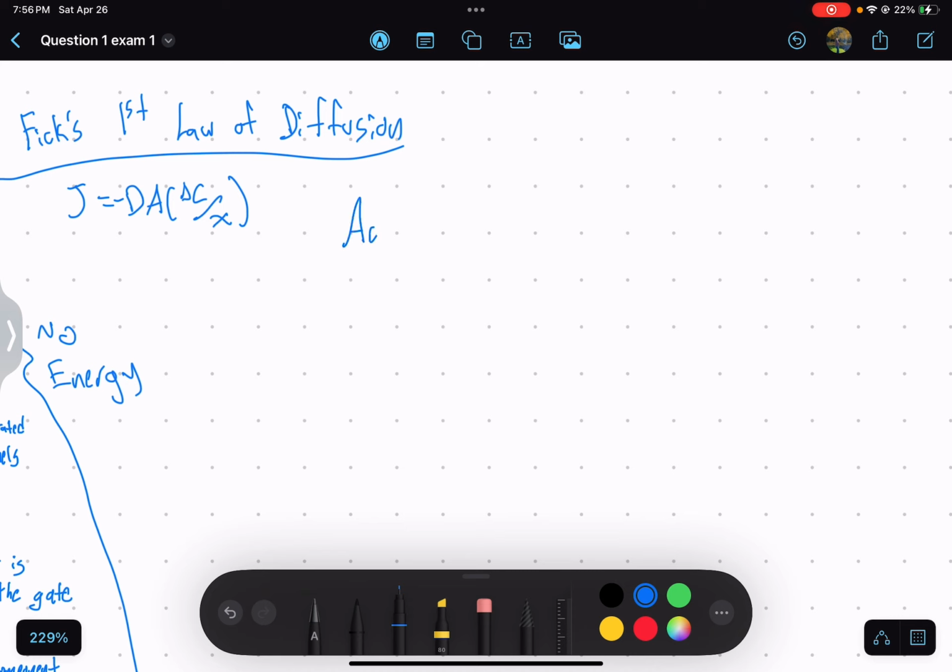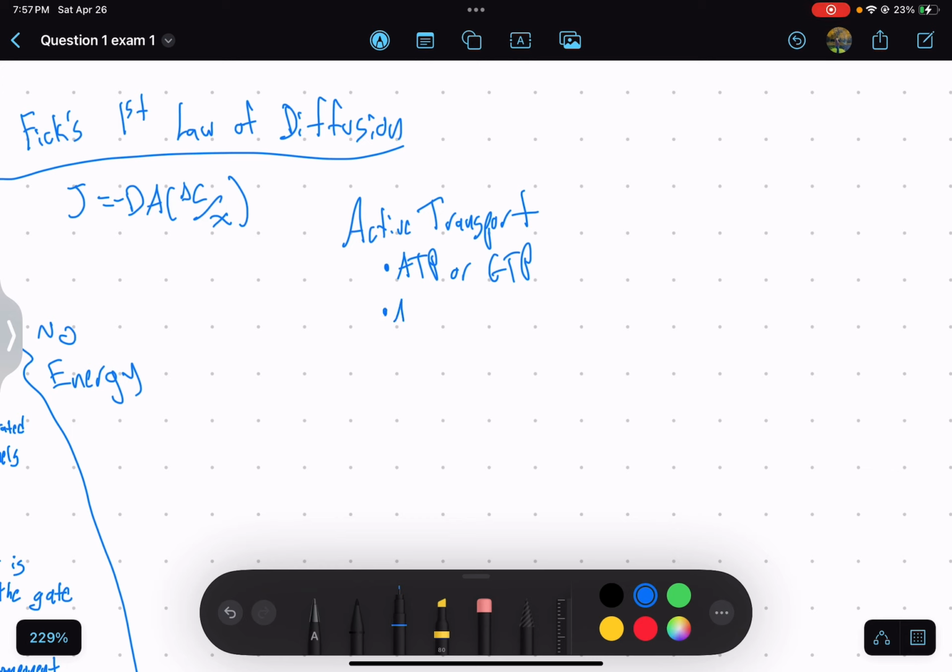And that is going to be called active transport. The type of energy it's going to use is ATP or GTP.